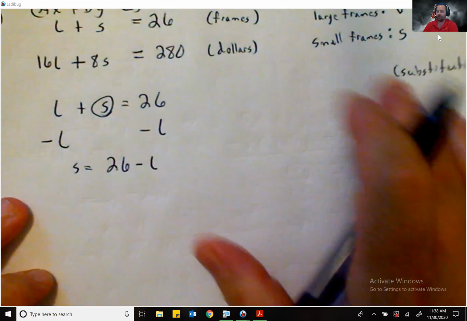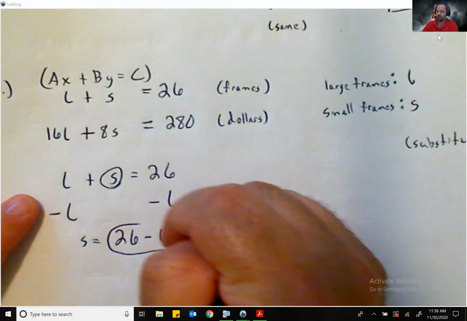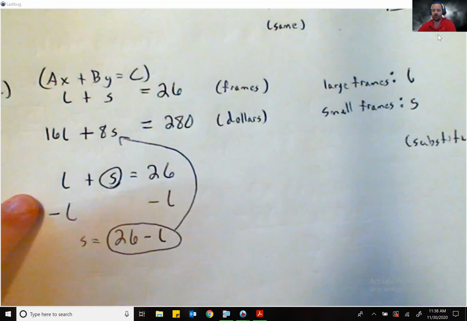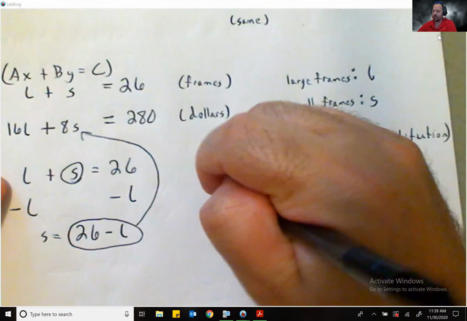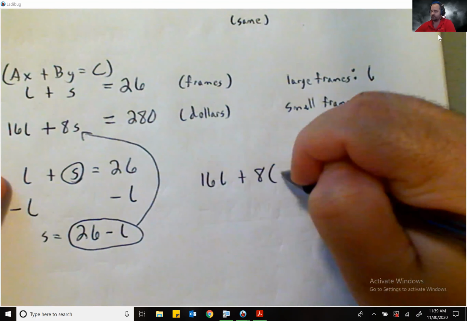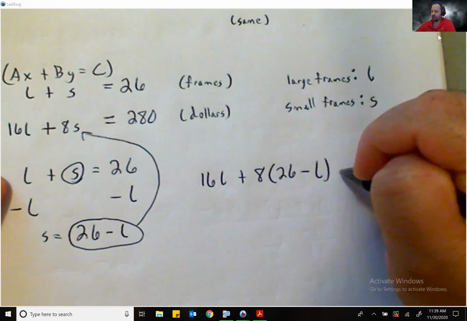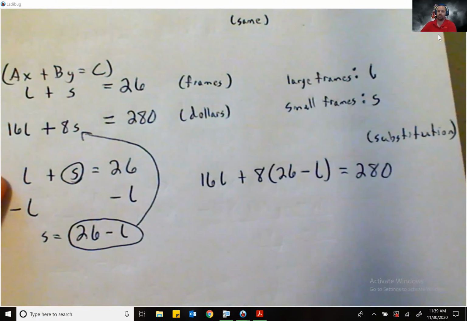So all we have to do now is take this and plug it into the second equation. So 16L plus 8 times (26 minus L) equals 280. So what are we going to do now?